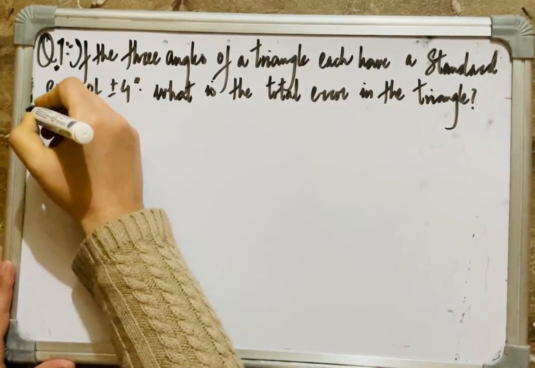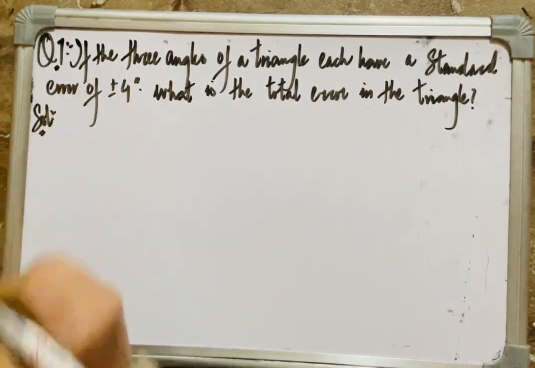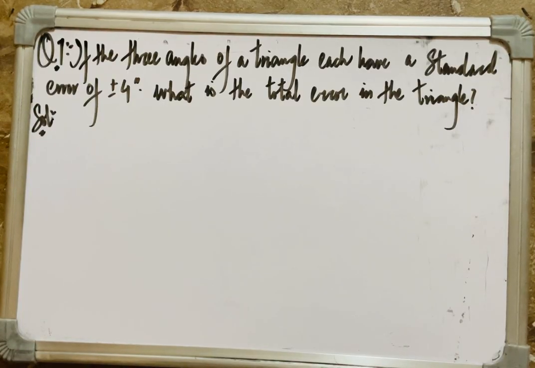So the question is, if the three angles of a triangle each have a standard error of plus minus 4 seconds, we have to calculate the total error in the triangle.